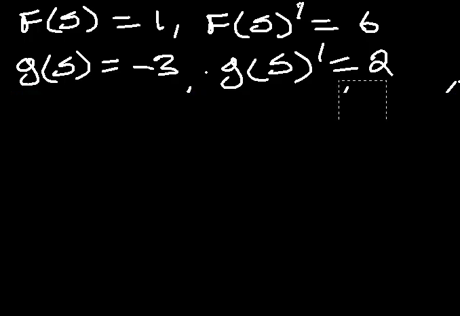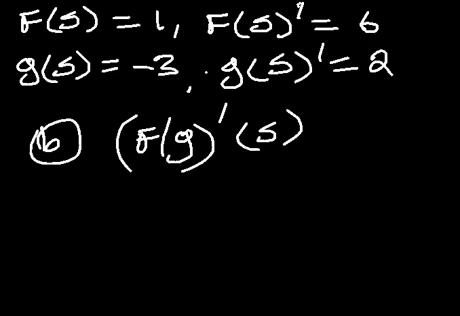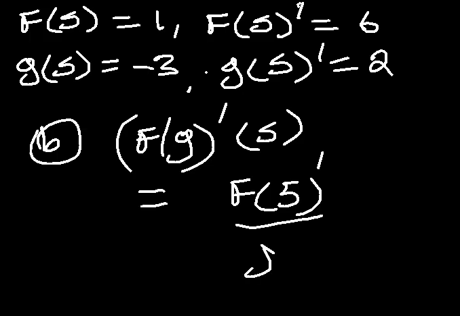So that is the solution on how you can have that one. How about part b? The question says we should find the value of (f/g) prime of 5. In this case this is the same as having f prime of 5 divided by g prime of 5.